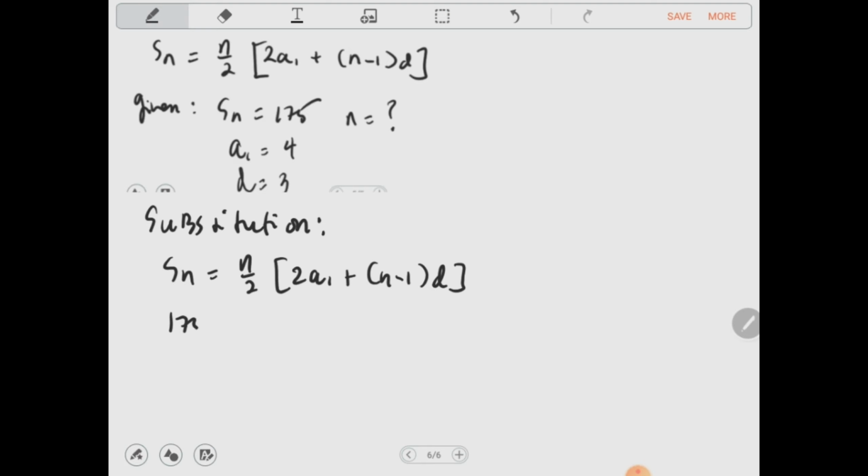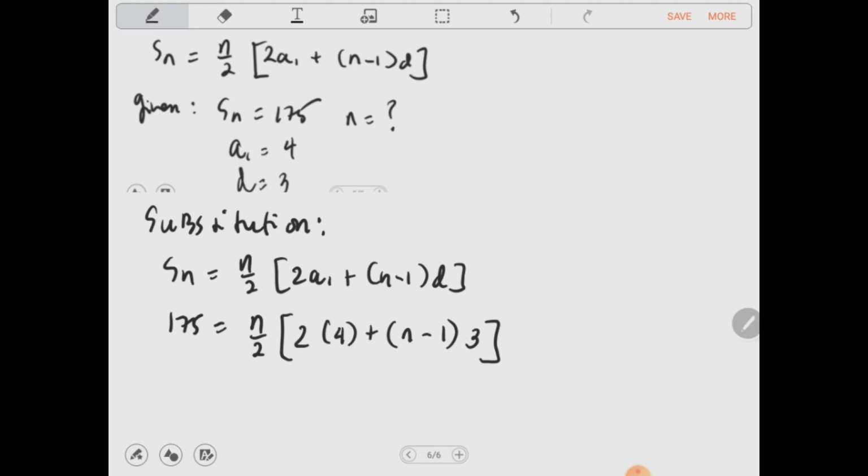So now let us substitute everything that we have in our formula. So we have 175 is equal to n over 2 times the twice of a sub 1, which is 4, plus n minus 1 times the common difference, which is 3. Then simplify everything inside the bracket.